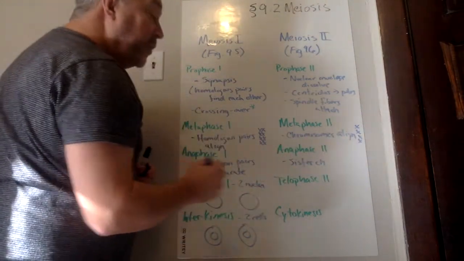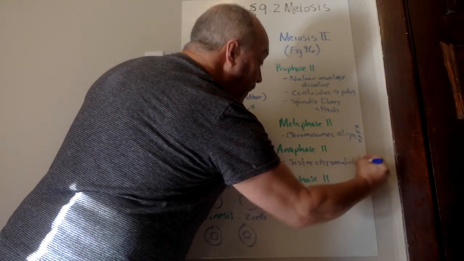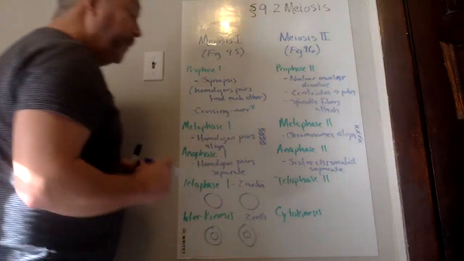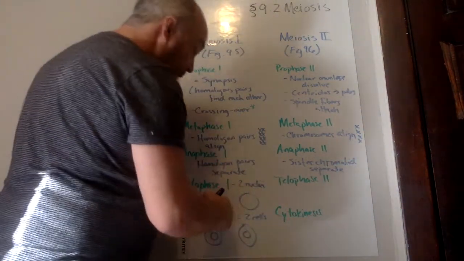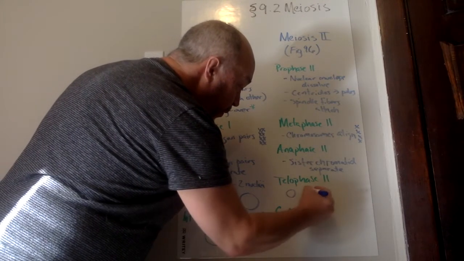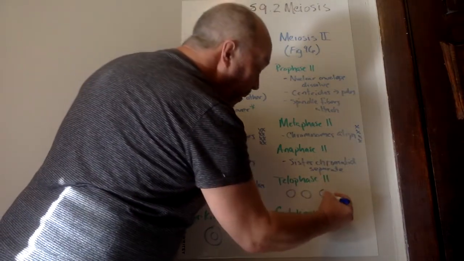Each of these chromosomes, remember, is composed of a sister chromatid. Now they will separate. And so when we're done, this cell, which had one nucleus, will create two. This nucleus will now be two.